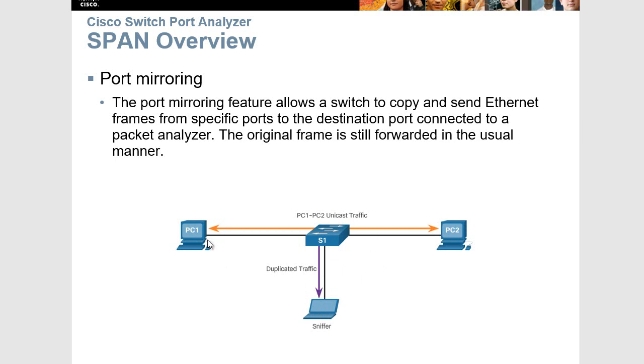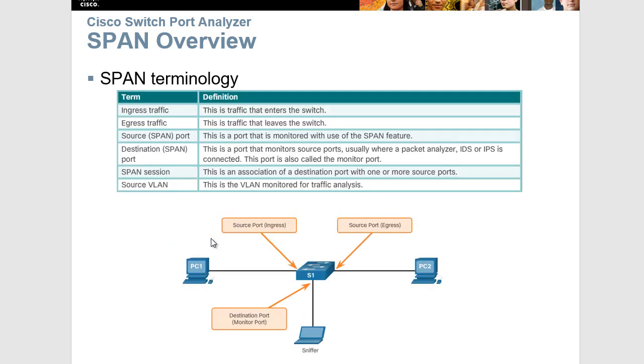Got some SPAN terminology. We know what ingress and egress ports are, hopefully. Ingress port would be traffic going into a switch, egress traffic going out of a switch. We also have source and destination SPAN ports. Source ports are the ports where traffic is monitored to be sent to the device that will be analyzing the traffic.